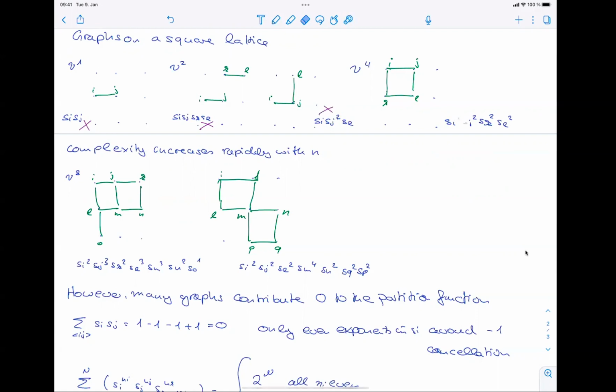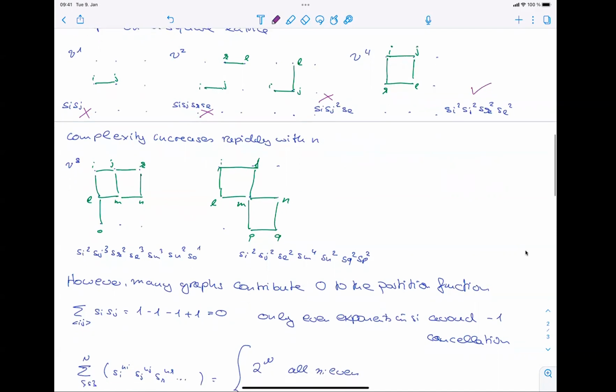Here, all of a sudden, we had all of the spins having power of 2. And so if you look at it, the graph that we form is a loop. So this one worked.